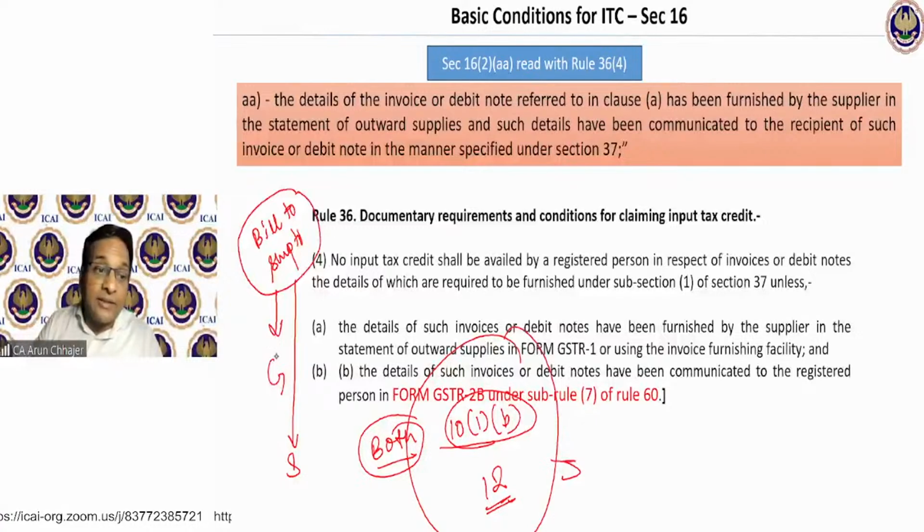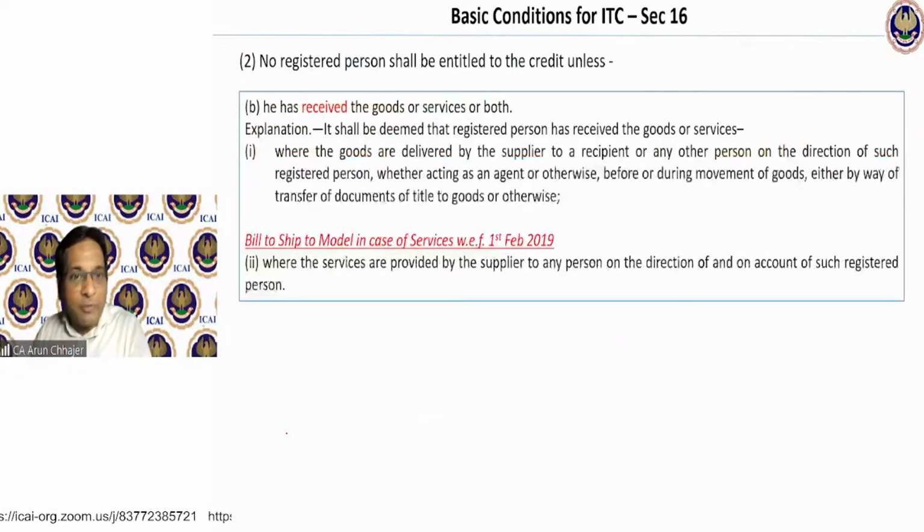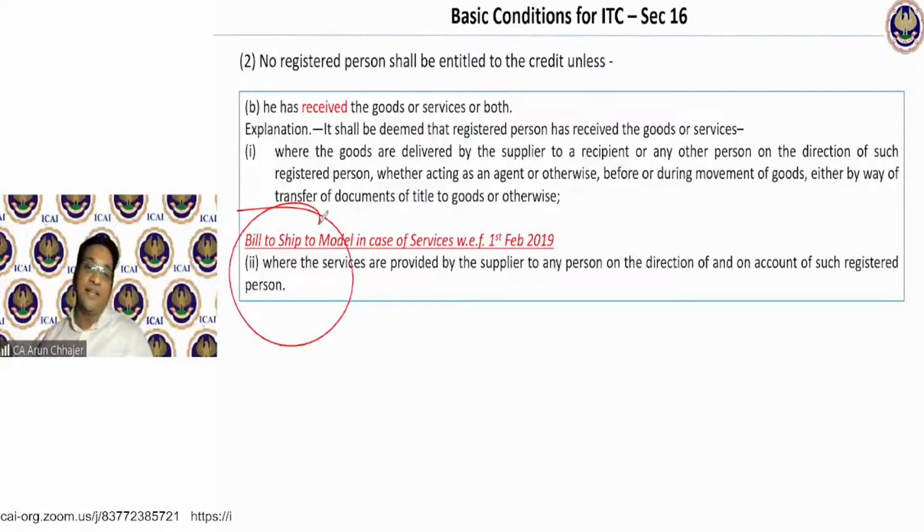Where it is written that you will not find any provision in the place of supply chapter, but you will find a provision. This is the confirmation that bill to ship to model is possible for services also. Why? Because this particular part has been introduced, added from 1 Feb 2019.